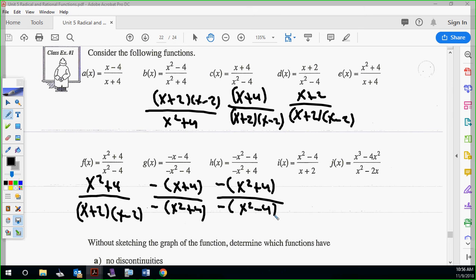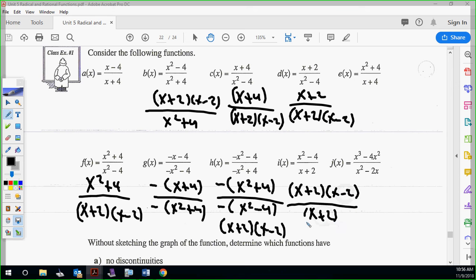I'm just going to factor it here, but I won't rewrite the top. Okay. And then the last couple here, x plus 2, x minus 2 over x plus 2. Oh, pull out an x. If we pull out an x, that's x squared minus 4, which then we can go again. Pull out an x.